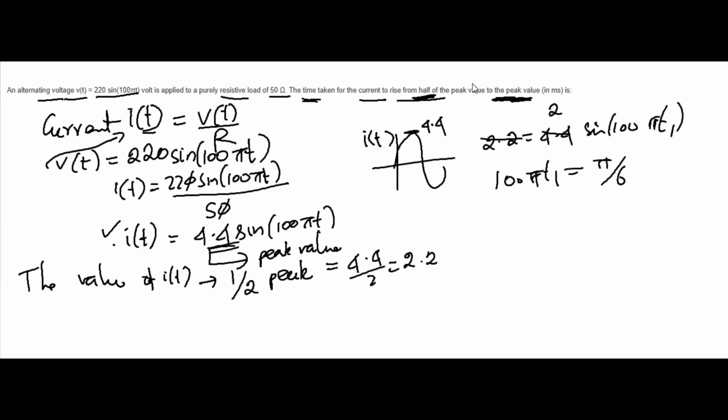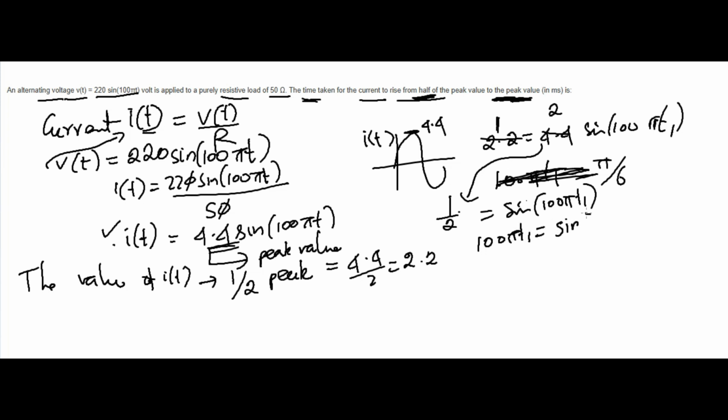You can ask me one doubt, how we got the sine out. So 1 by 2 equals sin 100πt1, is it right? The sine goes here, which means 100πt1 is equal to sin inverse of 1 divided by 2.